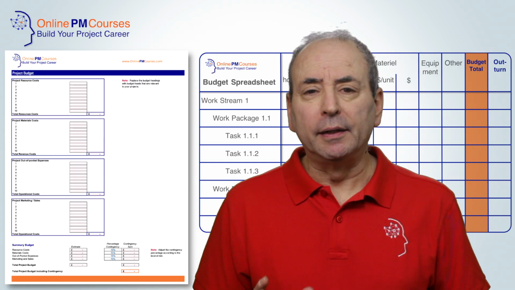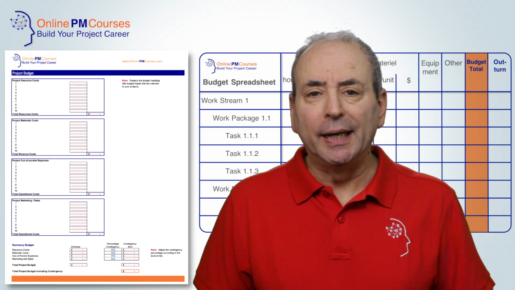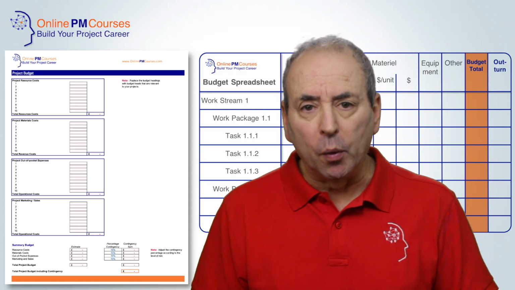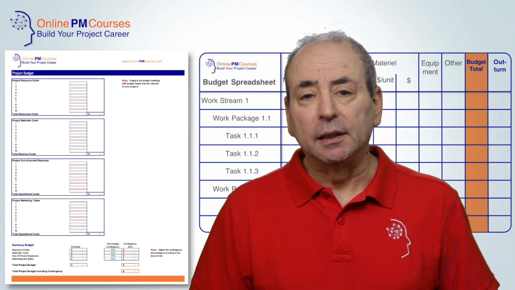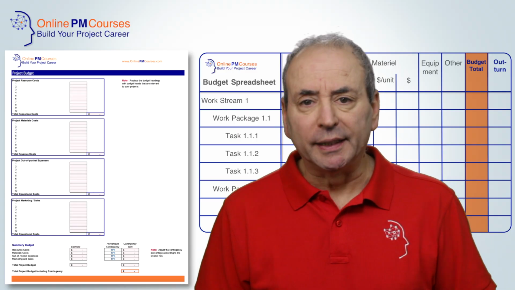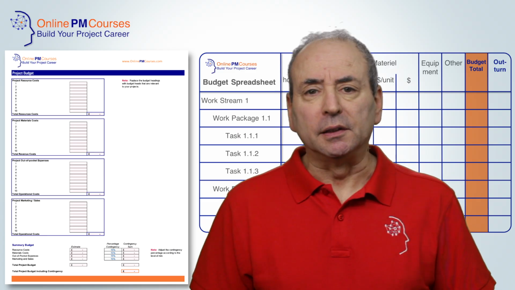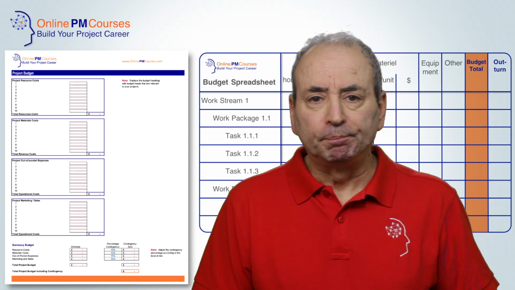The way that we create this is we start with a series of headings for all the main areas of project expenditure that we anticipate. Things like equipment, personnel, rentals and leases, materials, licenses, those sorts of things. Perhaps you might have consultancy fees or other professional fees like lawyers or architects.